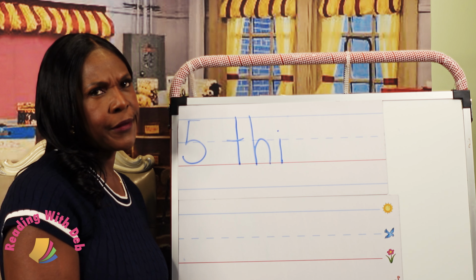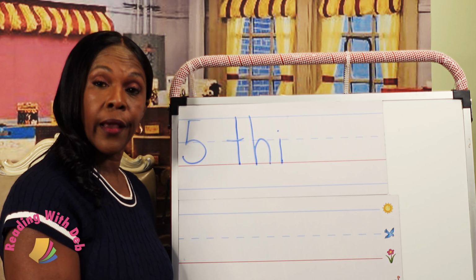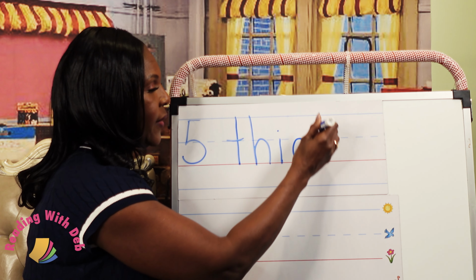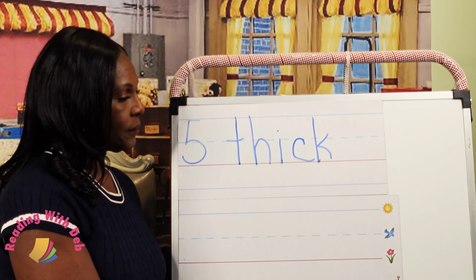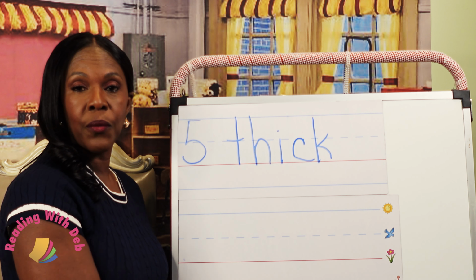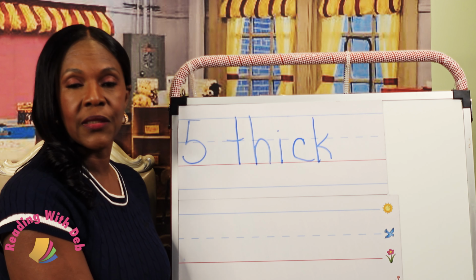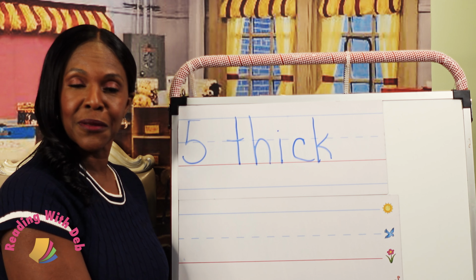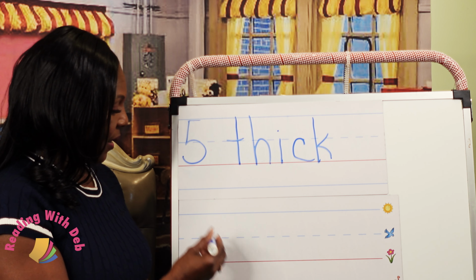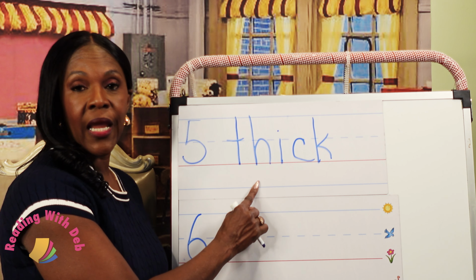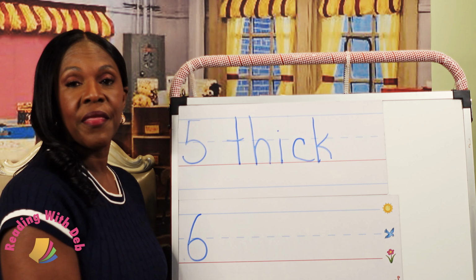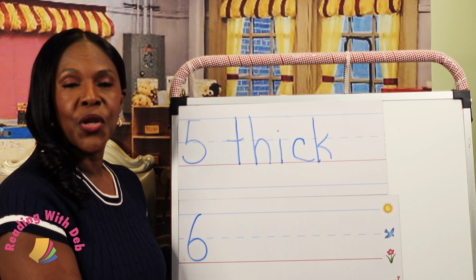Is that K or CK? It is CK. How did I know? Because the K sound at the end is right after a short vowel and the word thick is only one syllable. All right. How do we spell thick? THICK. Thick.